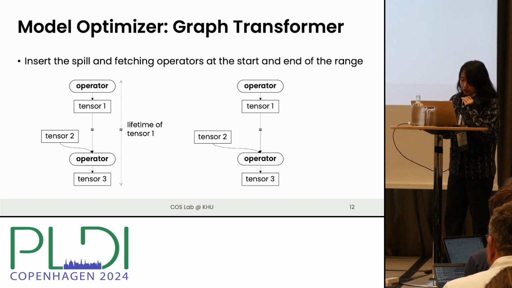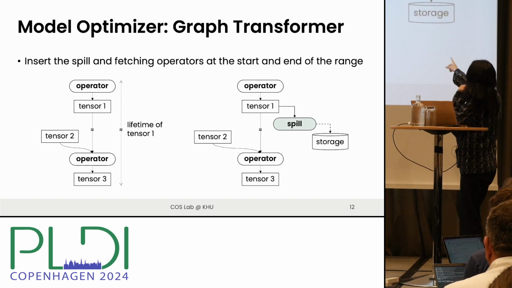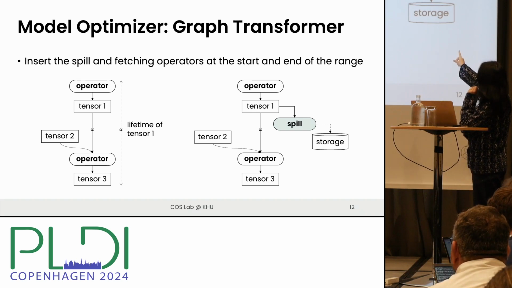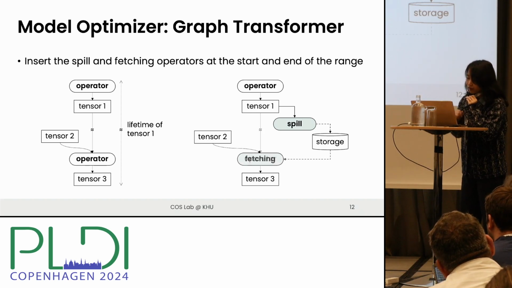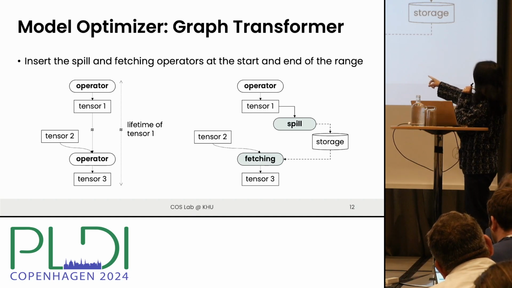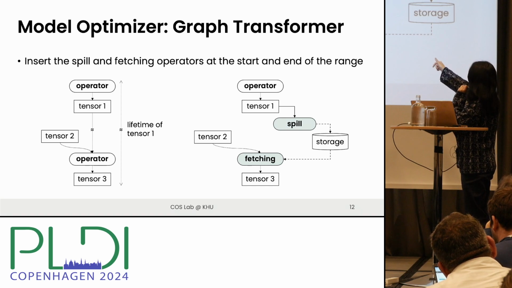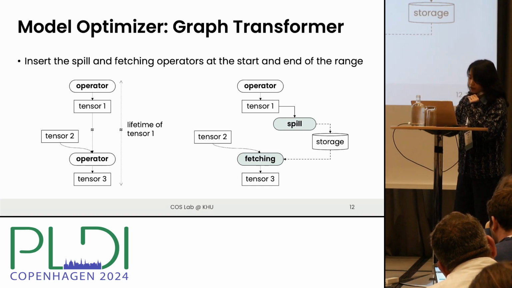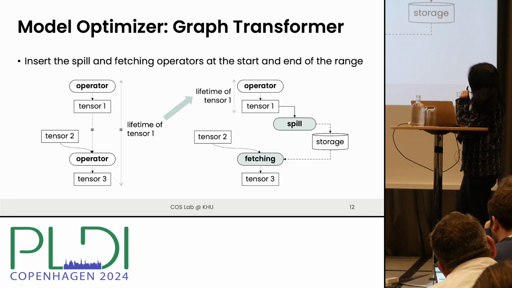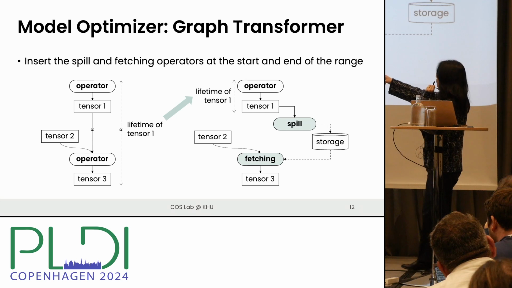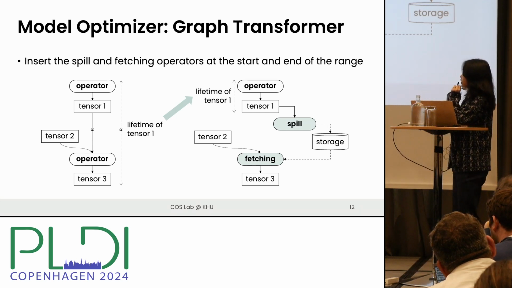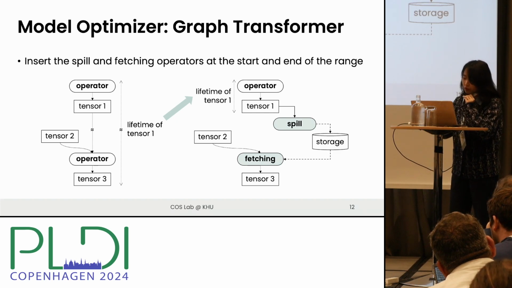So the graph transformer first inserts this spill operator to spill the tensors into the storage. And then it inserts the fetching operator to fetch the tensor from the storage at the end of the cold range. So after the transformation, the lifetime of the victim tensor will shorten so that the memory space can be shared with other tensors.